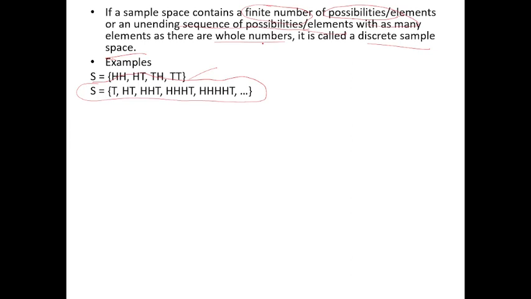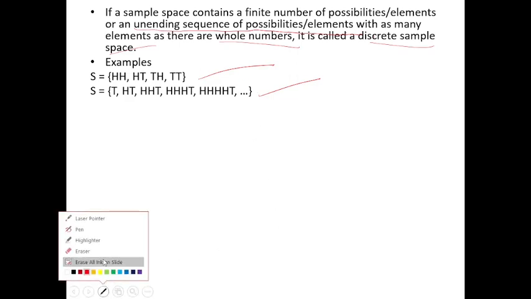If that's the case, tatawagin din natin siyang discrete sample space, kasi nasatisfy itong condition: merong unending sequence of possibilities na kasing dami ng mga whole numbers. Therefore, it is called a discrete sample space. So, we proceed.